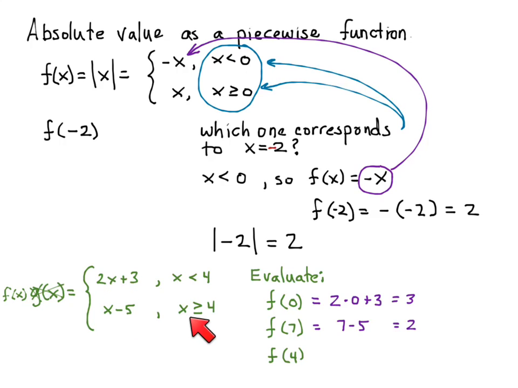But you see, only one of them includes the equal sign. So when we take f at 4, we're looking at the second row as being the value of our function. So we plug in 4 minus 5, which is negative 1. Okay, any questions about piecewise functions?